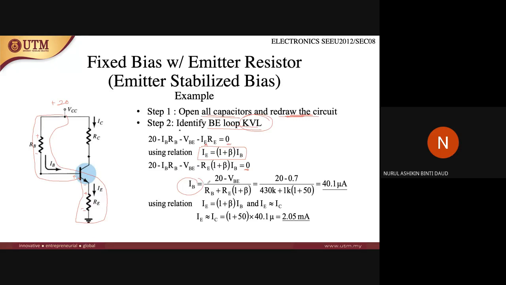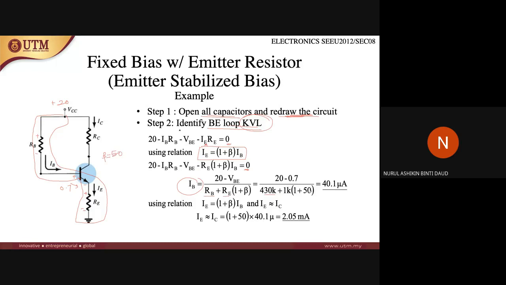So IB will equal 20 minus VBE. VBE is already mentioned, silicon just now, so the VBE value is 0.7. So 20 minus 0.7, divided by the value of the resistors for the base and emitter: 430 kilo ohm plus 1 kilo ohm times 1 plus beta, where the beta value just now is 50.